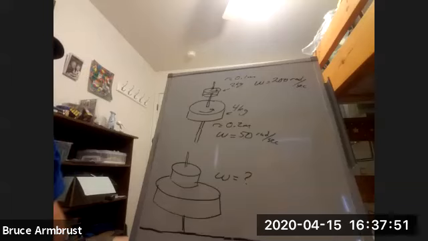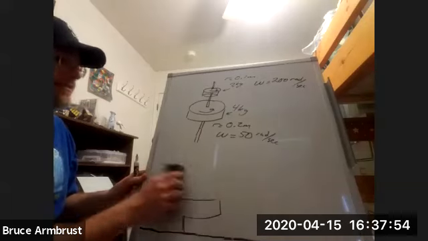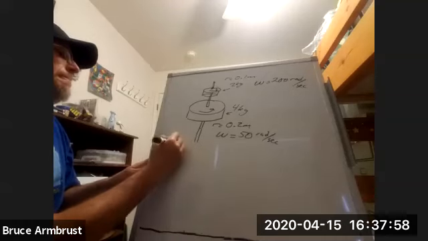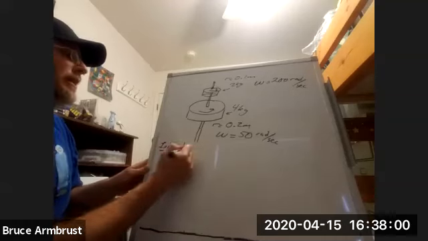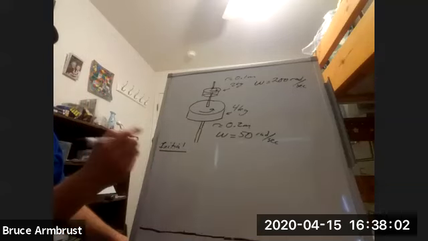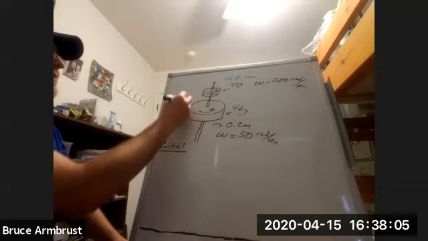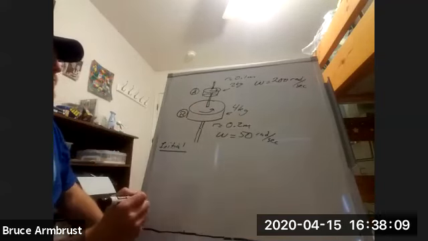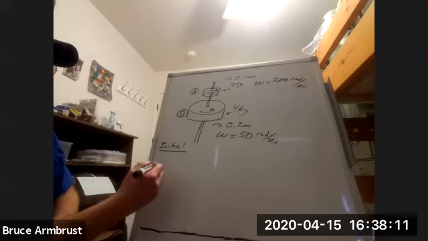All right, so let's go to initial and see what we've got. In the initial situation, we have two angular momentums we have to calculate. Let's call them A and B. Let's find them individually.